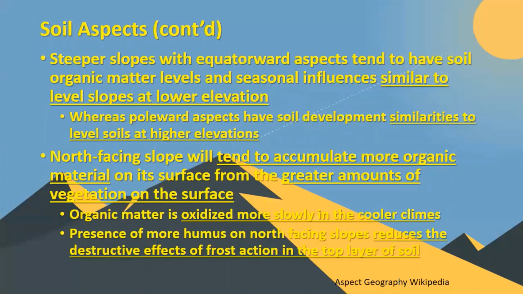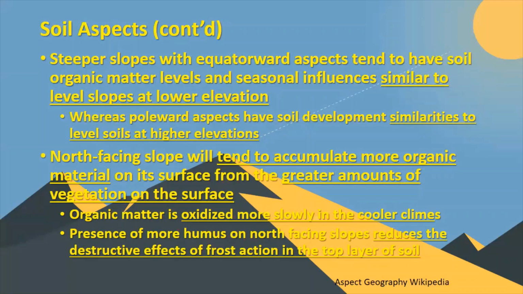So I will tell you that steeper slopes with equatorward aspects tend to have soil organic matter levels and seasonal influences that are going to be similar to level slopes at lower elevations. Whereas poleward aspects have soil development similarities to levels at higher elevations. So that's that deal where if you go up in latitude, you experience a certain order of plant transitions.